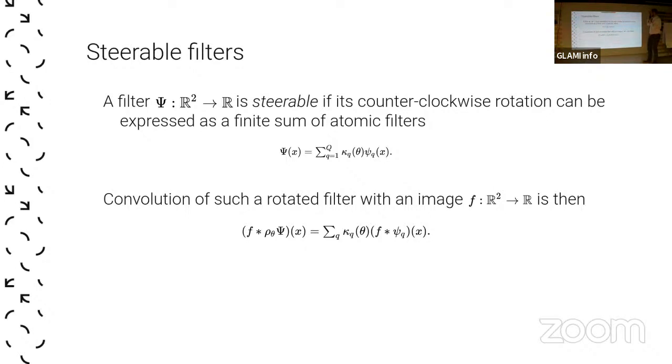And this is advantageous because then if we want to calculate a convolution of this steerable filter, we just calculate the convolution of these atomic filters, which are fixed, predefined, and this is just some particular form that's useful to choose when we want to find some steerable filters.